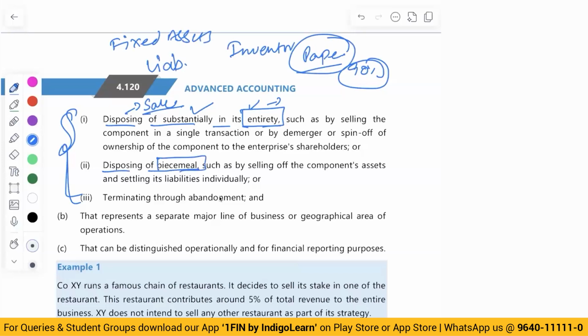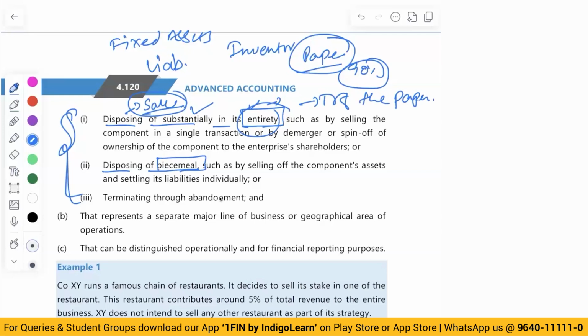One by one, the parts of the business, I am selling off. When I say sale in entirety, I am transferring the full paper business, the entire business along with the assets and liabilities. But when I'm disposing of piecemeal, I'm doing it one by one. I'll sell some asset, I'll settle some liability, then I'll sell off inventory, I'll realize money from the debtor, I'll pay off the loan, something like that.